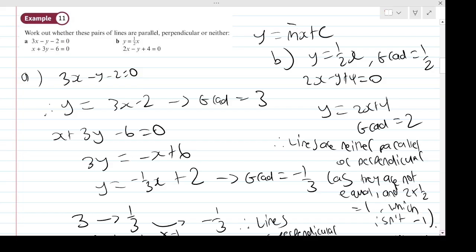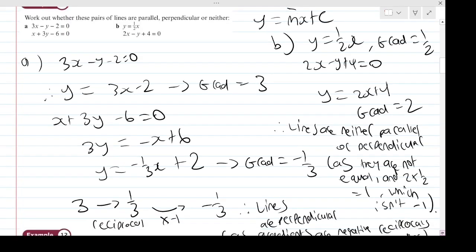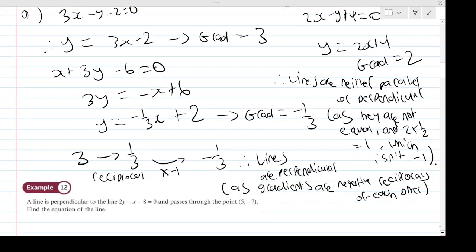Sorry. Because remember again, as I just discussed, if you times the two gradients of perpendicular lines, that should give us minus 1. But in this case, it gives us plus 1. So we're out of luck, so it can't be perpendicular either. Okay, cool.